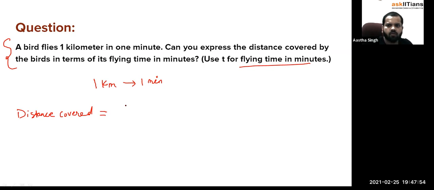Forget about the bird, right? You covered 1 kilometer in 1 minute. In 2 minutes, how many kilometers will you go? Definitely 2 kilometers.